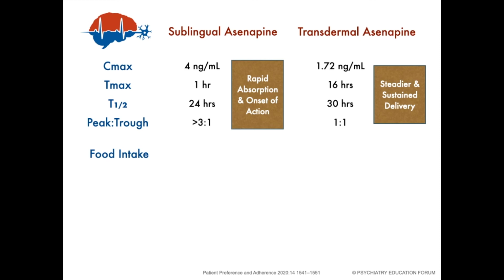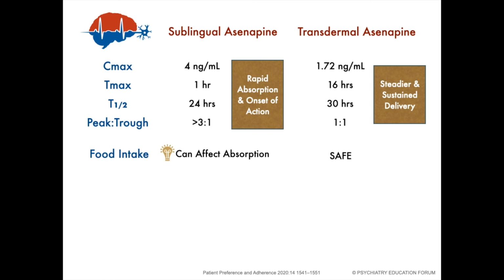For the sublingual formulation, I think it makes clear sense. It can affect the absorption of this medication if you have taken food immediately around the time, or are drinking something that can affect the absorption. Whereas transdermal is definitely safe because it bypasses that pathway.